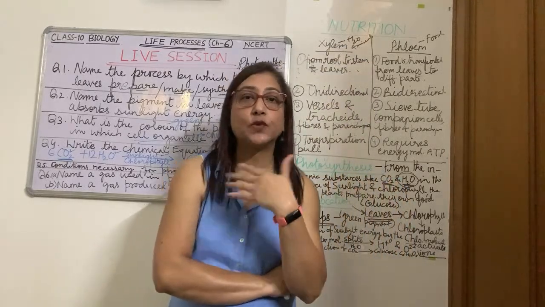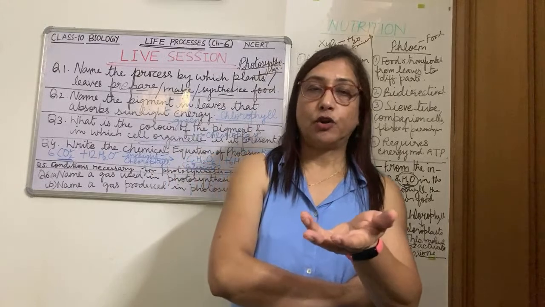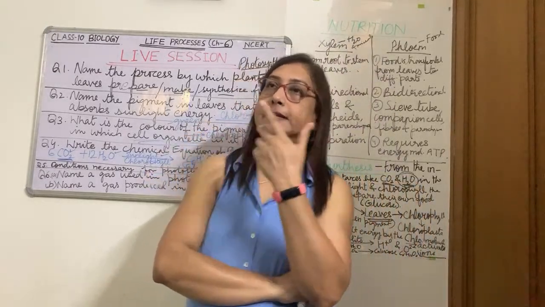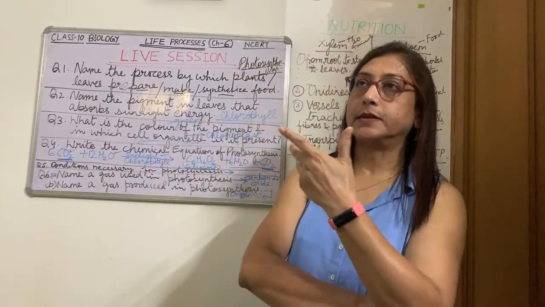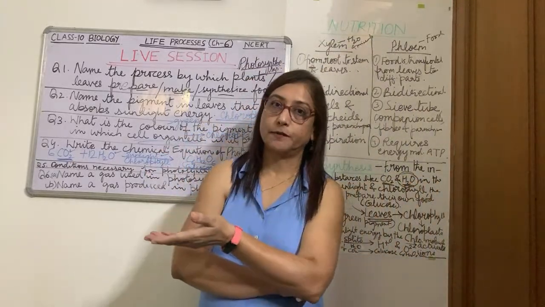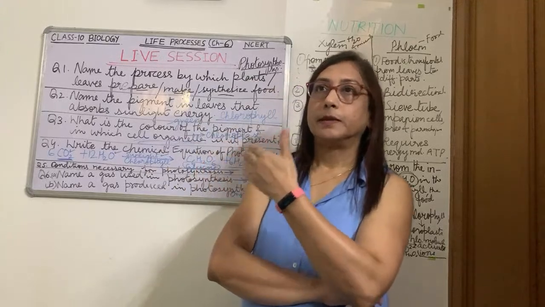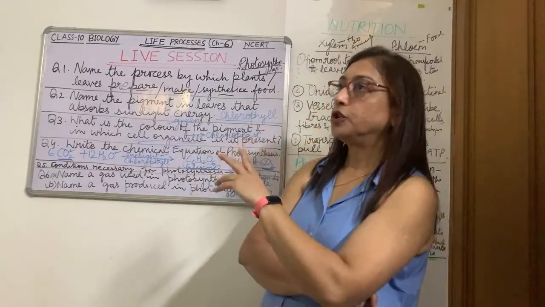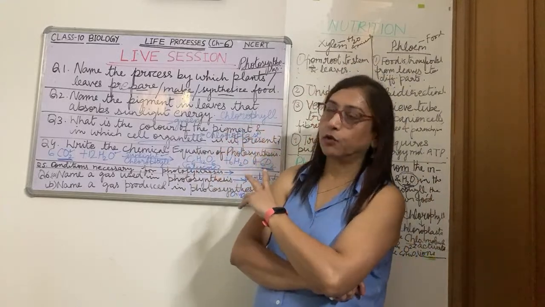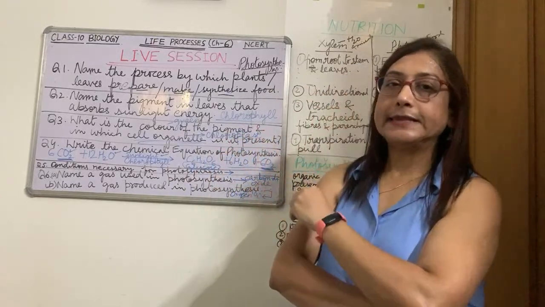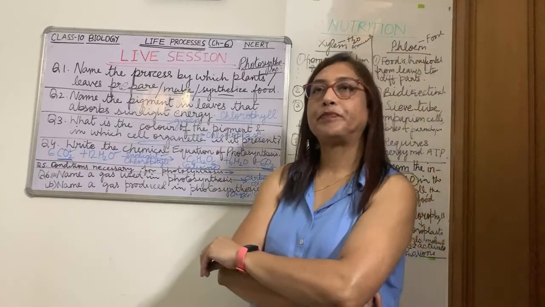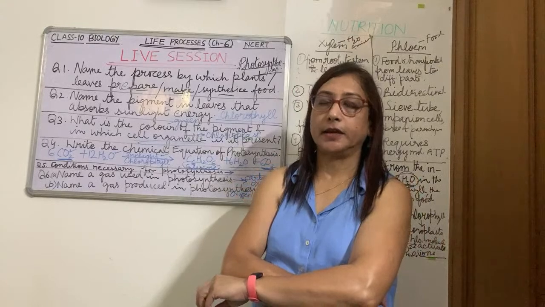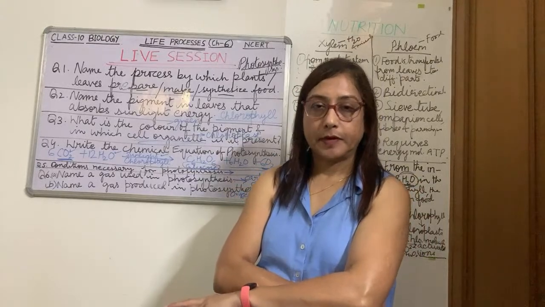So what is the natural way of getting nitrogen by the plants? See children, there is 78% nitrogen in the atmosphere. So the plant uses that atmospheric nitrogen. But how? Children, this atmospheric nitrogen gas is taken up by some bacteria which are there in the soil, right?